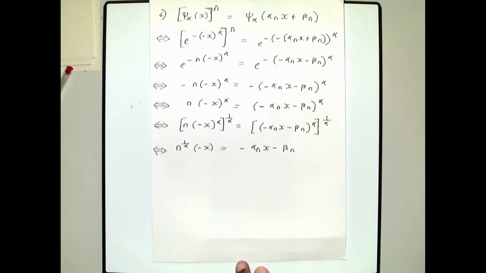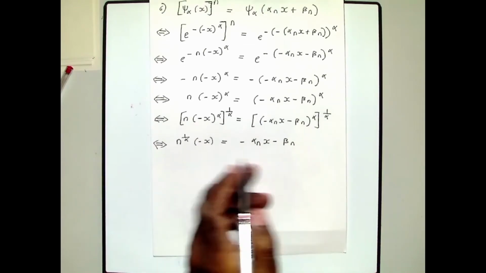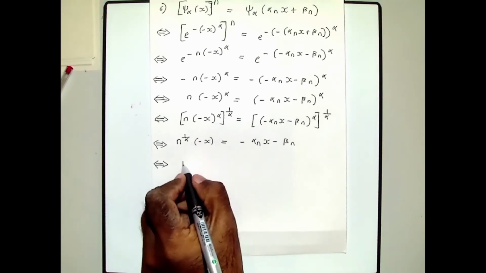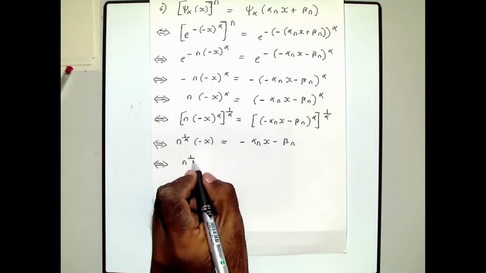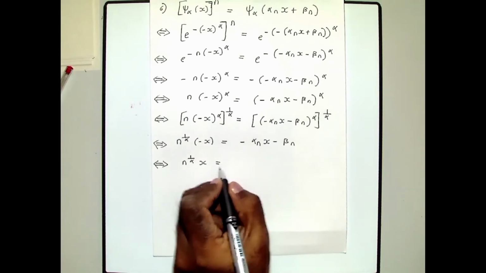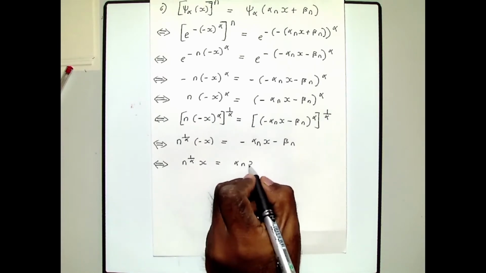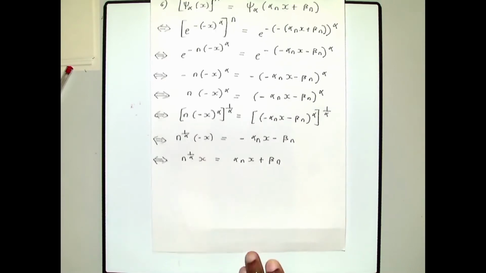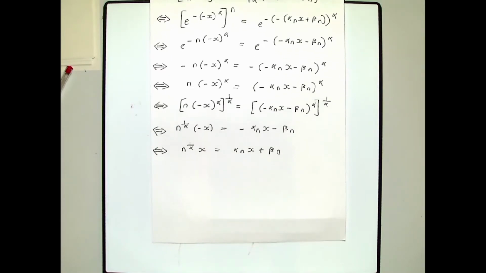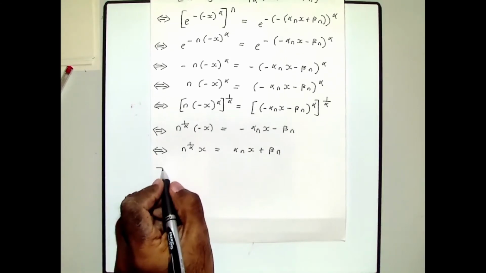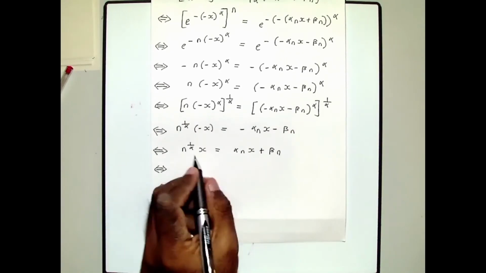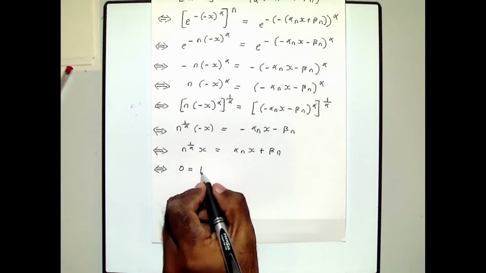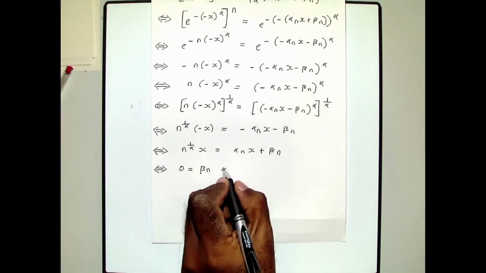The minus here and the minus here go, so this becomes... Equating the constants: the constant on the left hand side is 0, the constant on the right hand side is this.